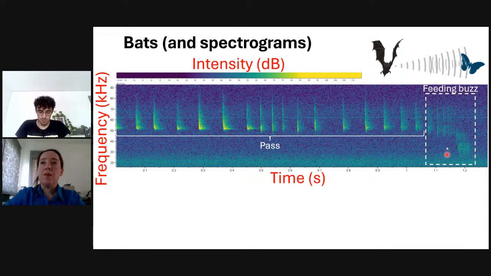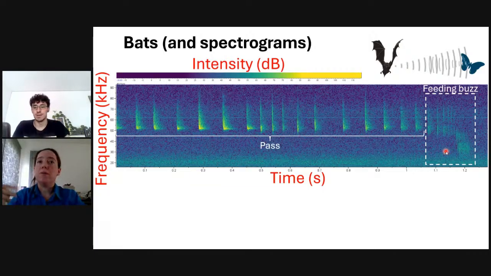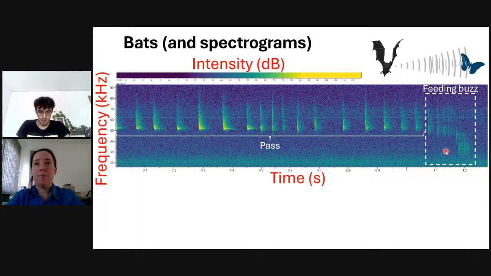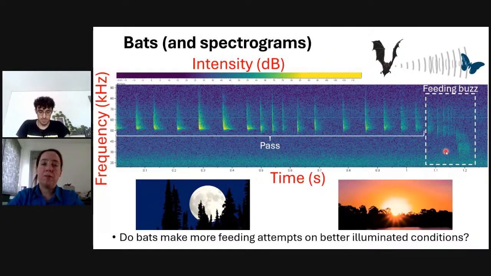Through this part, you can see a specific activity that it's doing. This is a feeding attempt. So just through sound, you can ask several questions. And in this case, where you have a sound that indicates a behavior, you can, for instance, ask if it is feeding more, if it makes more feeding attempts under different conditions.